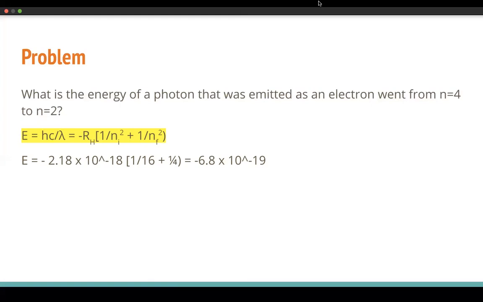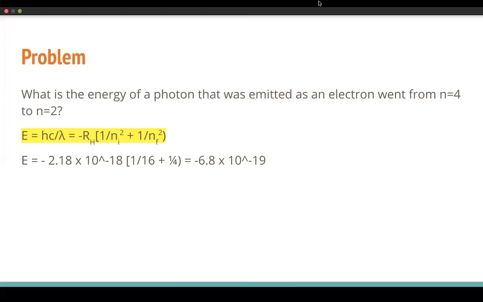You would probably see answers that are positive, which doesn't make sense because these are electrons changing in energy level. And you know that in this equation there's a negative, so whatever answer you get has to be negative. So you might get positive answer choices.